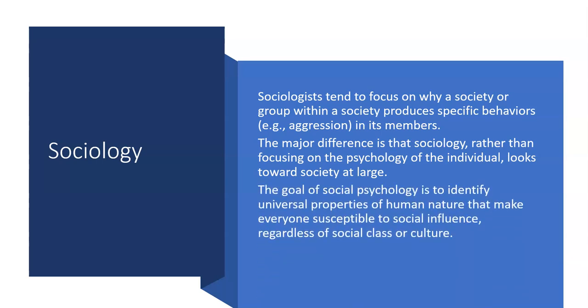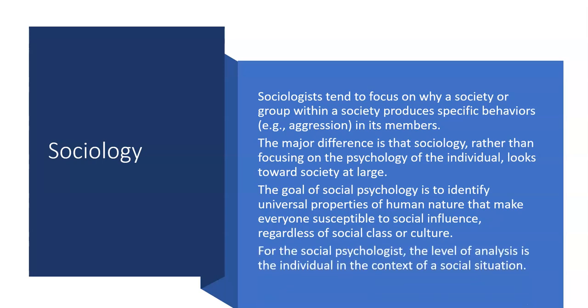Our goal as social psychologists is to look for, although we don't tend to find completely universal properties, principles that help us understand human nature, understand why people do what they do, think what they think, and feel what they feel. While these are distinct disciplines, they are highly, highly interrelated, and they overlap.